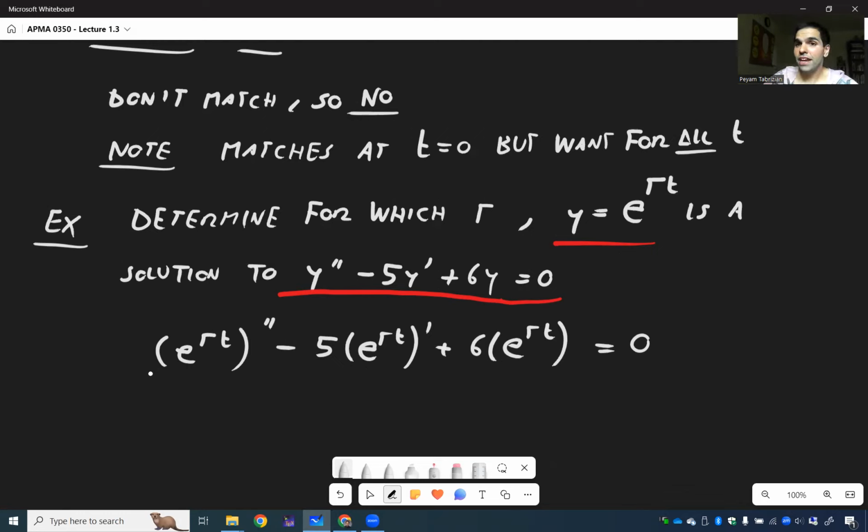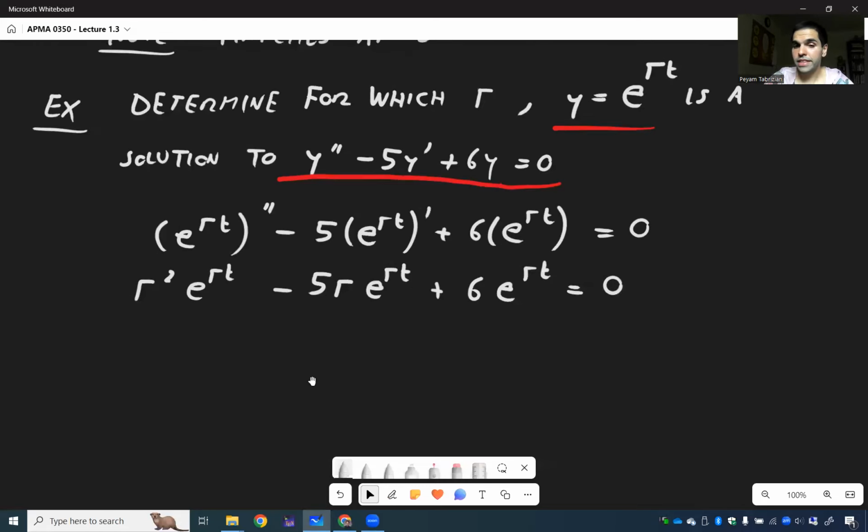Now, if you differentiate e to the rt once, that gives you r e to the rt by the chain rule. If you do it twice, it's r times r e to the rt. So r squared e to the rt. And then plus 6 e to the rt. That is 0.